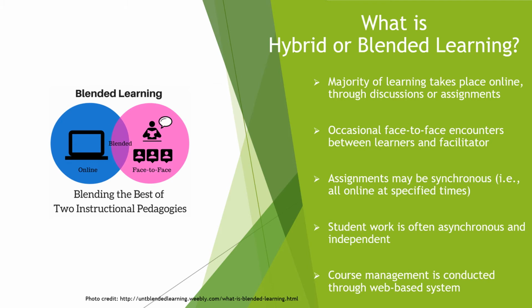The assignments may be synchronous, where you have to all be online at the specific time, but most often students work asynchronously and independently, especially when doing assignments. Course management and feedback is always conducted through web-based system.